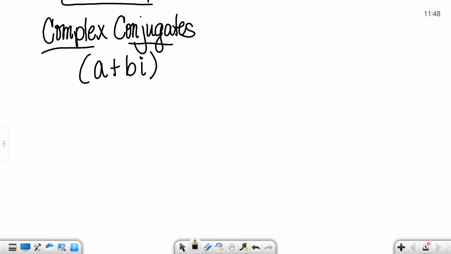Complex conjugates are two complex numbers that have the same parts but have an opposite sign in the middle. These are two complex conjugates, a plus bi and a minus bi. All right? If I multiply complex conjugates, what happens is the i goes away.